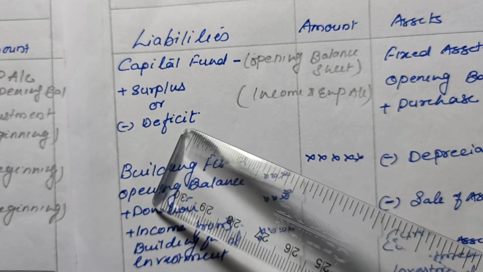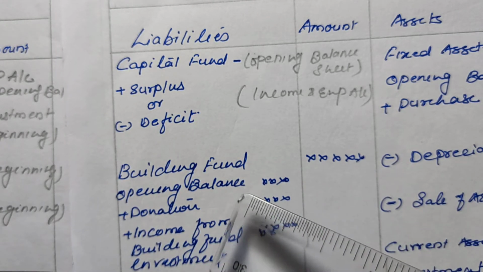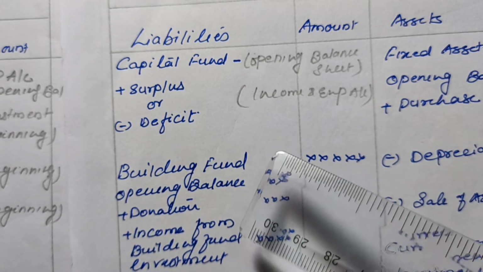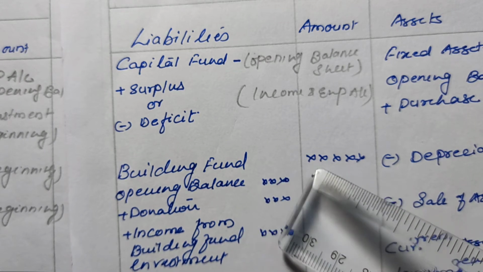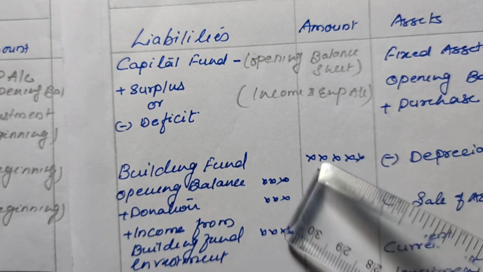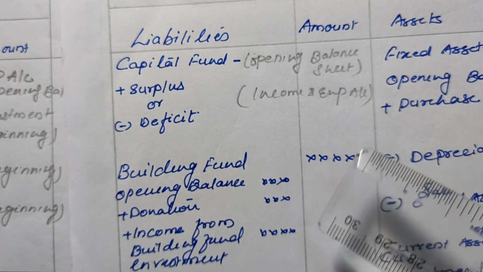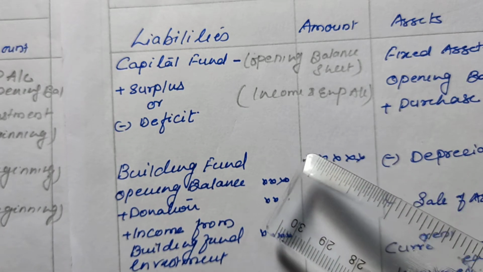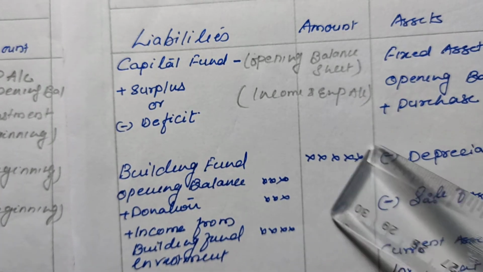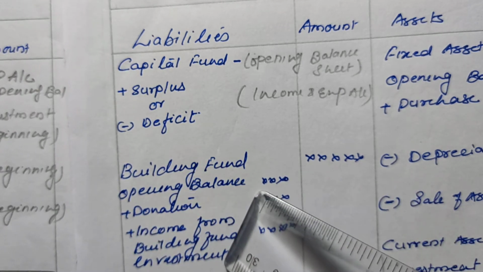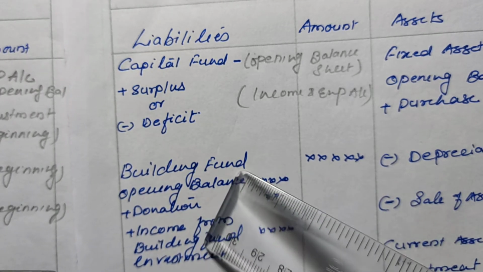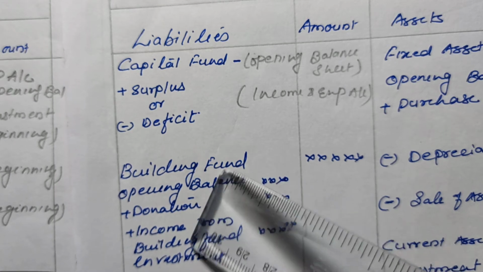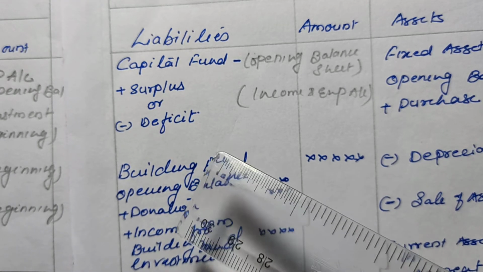Next, if any fund is given either in the adjustments or in the receipt and payment account, on the receipt side we will write all the funds which we are not transferring to the income and expenditure account; that will all be transferred to the balance sheet.